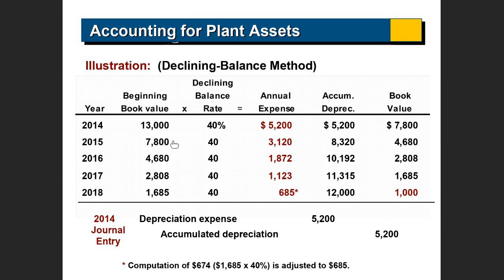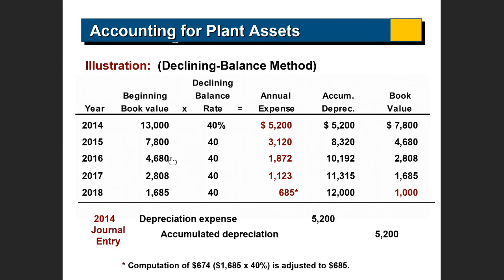Where does this 7,800 come from? 13,000 minus 5,200, 7,800. 7,800 minus the 3,120, which is this.